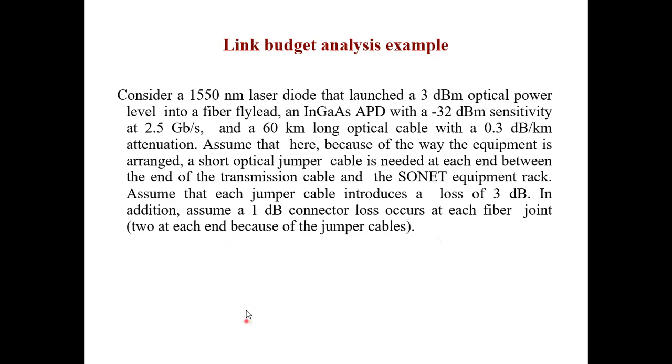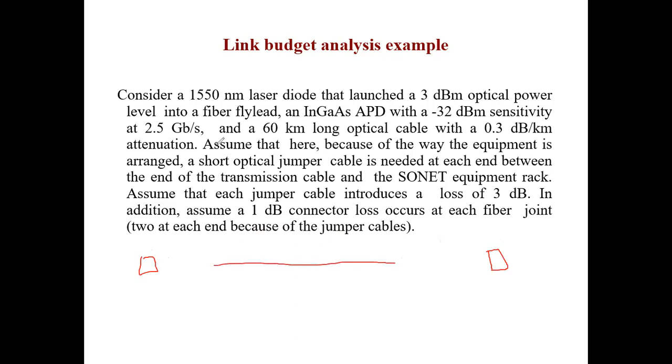Now, if you have doubt in the way the connection is there, so again, we have the transmitter block. You can write down the question. We have the receiver block. Meanwhile, I'll draw this diagram, and the fiber cable is there, 60 kilometer length.